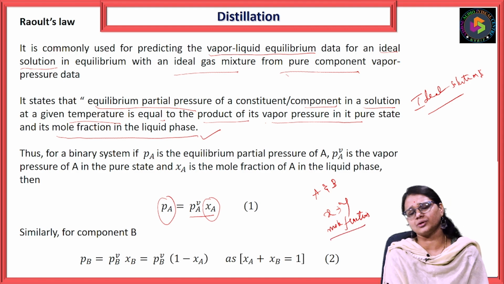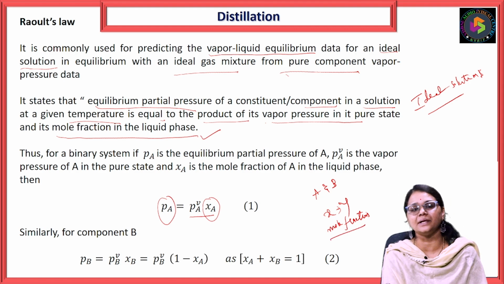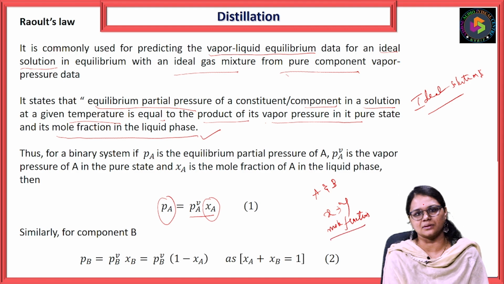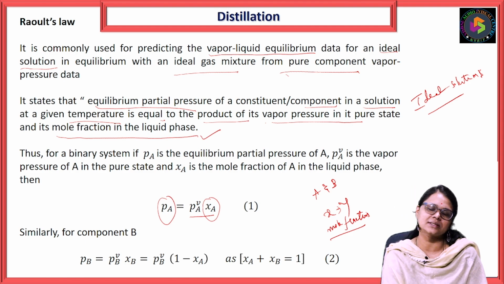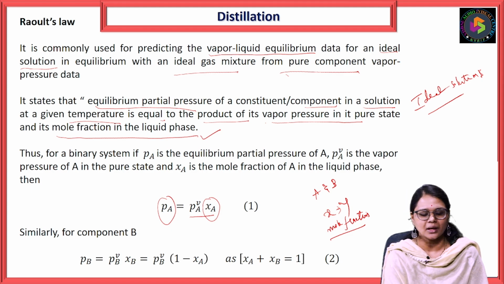The composition or concentration of components can be denoted in different ways: either in terms of number of moles, mole fraction, weight fraction or weight percentage. Depending on the requirement and what property is given, you need to convert it. Here XA is the mole fraction.